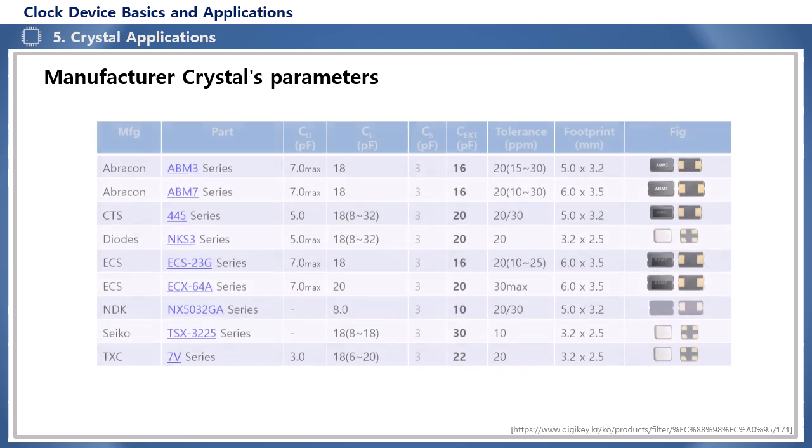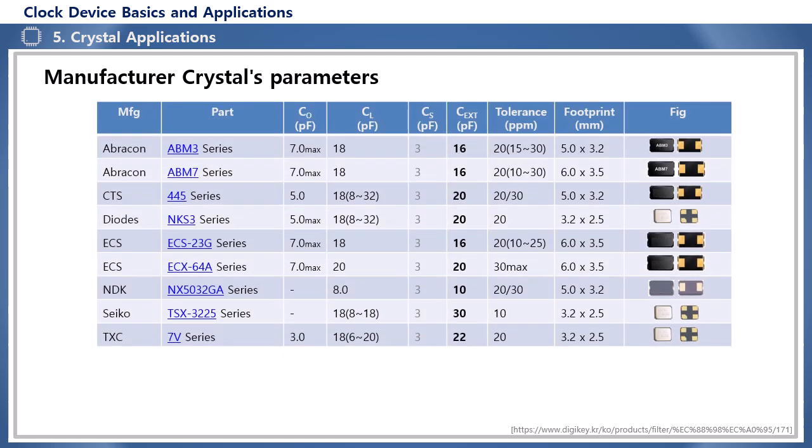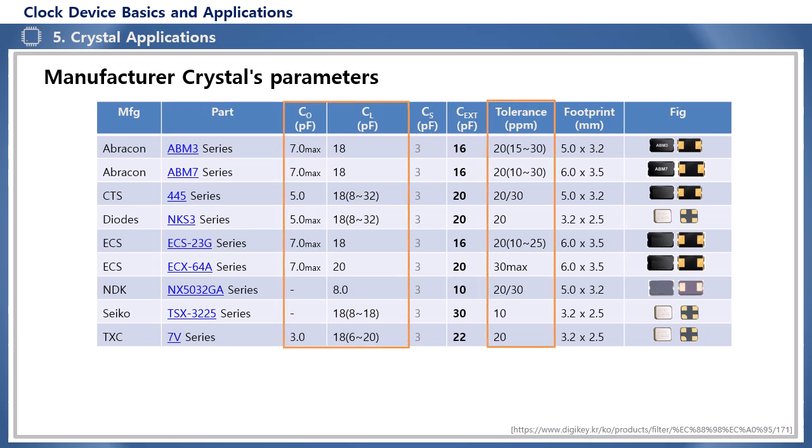Since most of the MHz crystals use the SMD type, we will look at the parameters of the major manufacturers' crystals, focusing on the standard package 3225, 4 pin type and the 5032 and 6035, 2 pin types. The crystal is used as the main clock of the MCU, so the frequency deviation must be small, and is generally around 20 ppm.